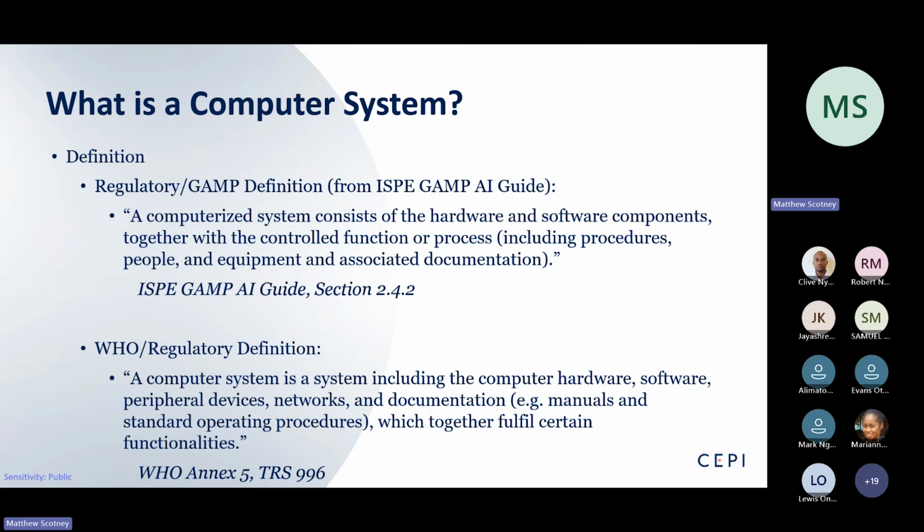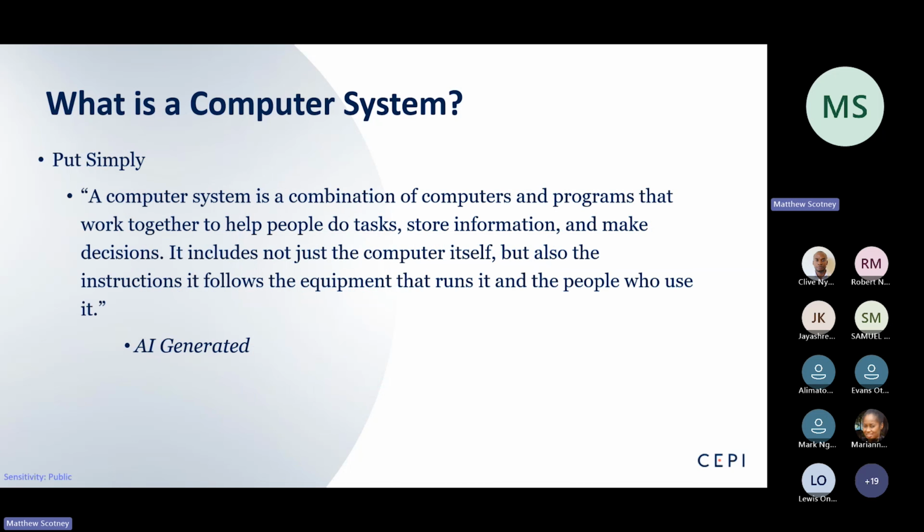But if we try to simplify the definition, and if you ask AI to generate a simple definition of a computerized system, it might come up with something like this. A computer system is a combination of computers and programs that work together to help people do tasks, to store information and make decisions.